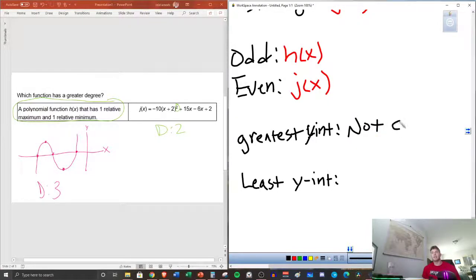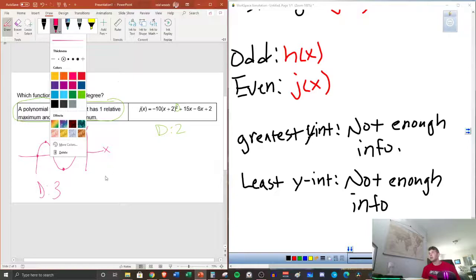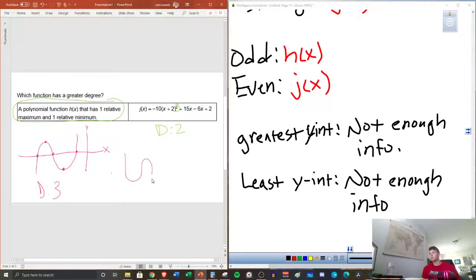So not enough info. That goes for this as well. Because my graph over here could easily do this. Like I could have started boom, boom, boom.